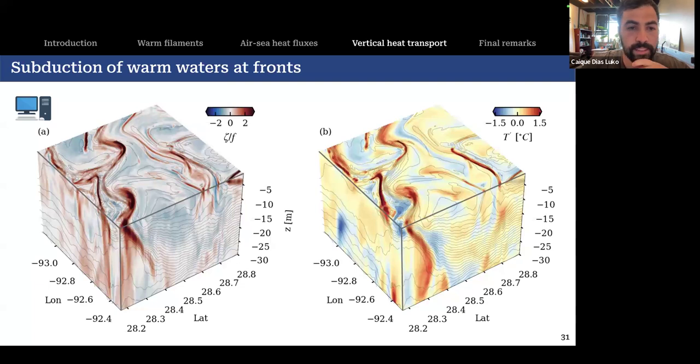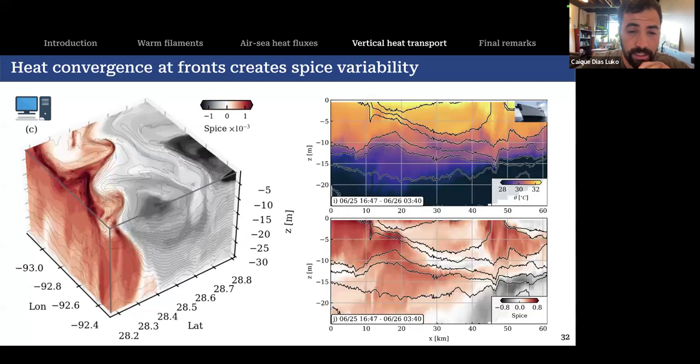The first one is that this is going to generate spice variability. Spice is this quantity that measures along-isopycnal variability of temperature and salinity. So when we have a positive spice, waters are warmer and saltier for that isopycnal layer, and we call them spicier.